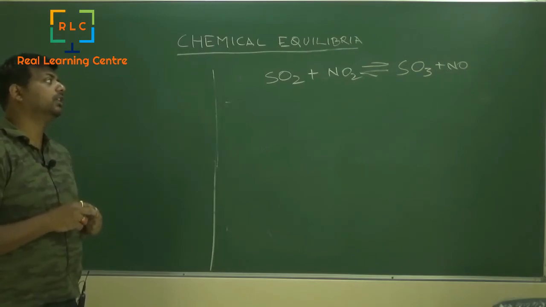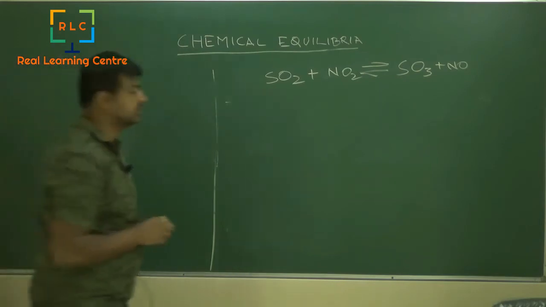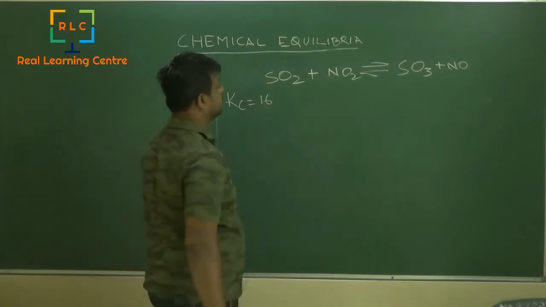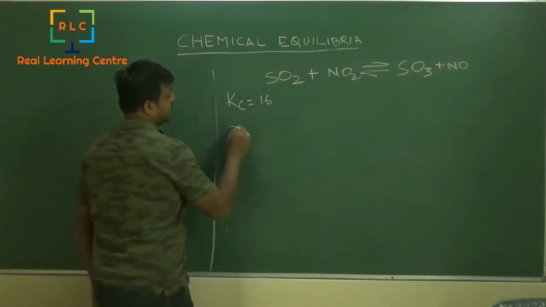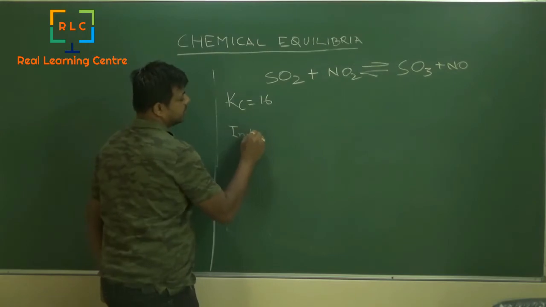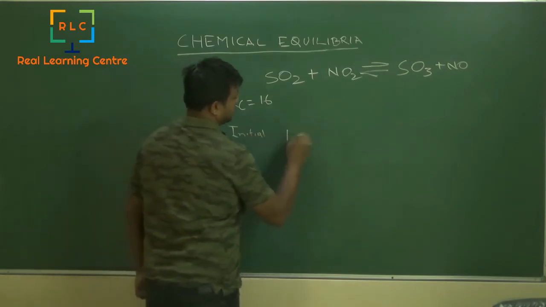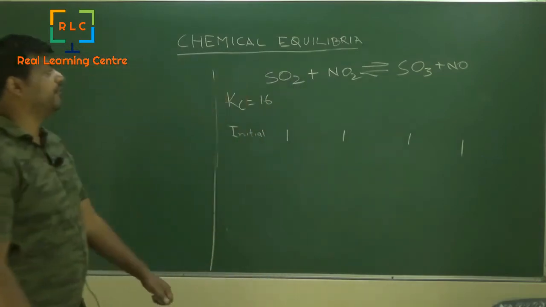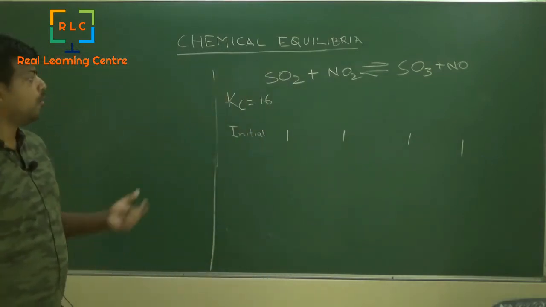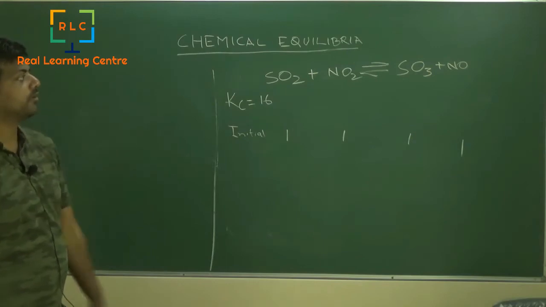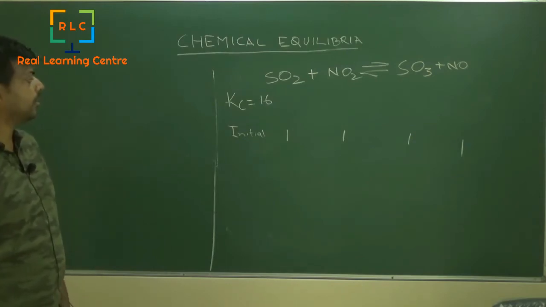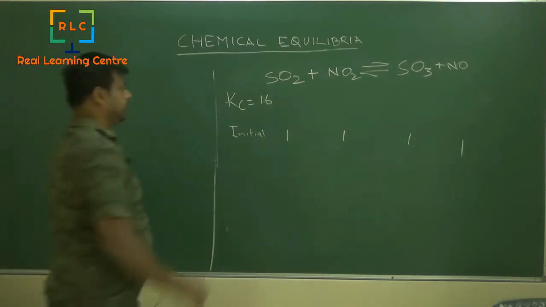And the equilibrium constant for this reaction is 16. So Kc is given as 16, which is the equilibrium constant, and initial concentration of everything is say 1. Okay, so you have to find at the end what will be the final concentration of or final volume of each of them, right? So we have written the initial part.